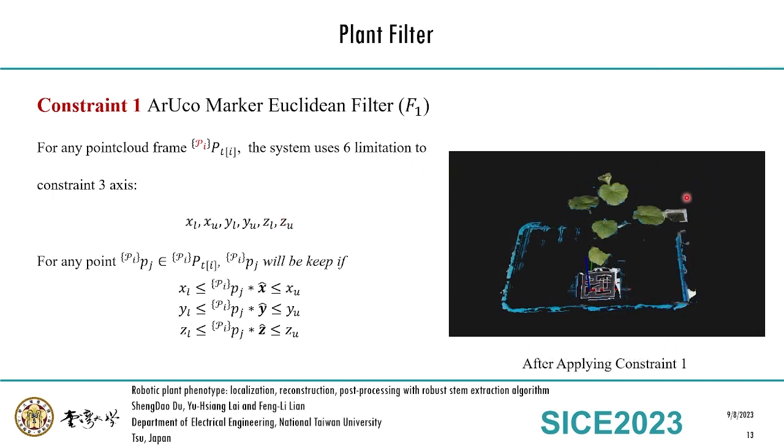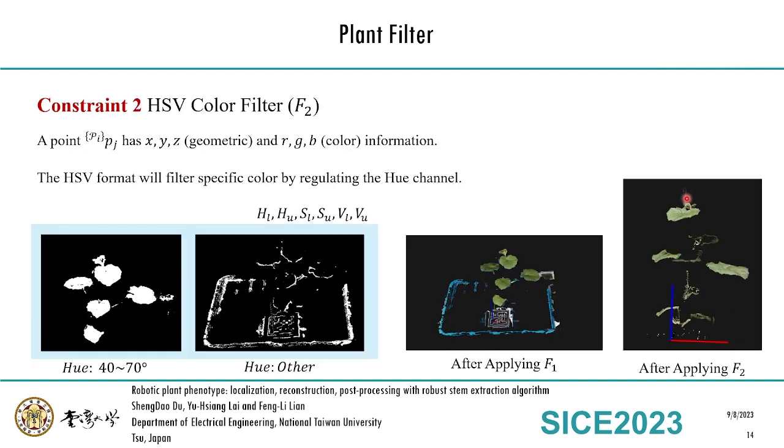This is the result. And to distinguish the plant tissue from the complex background, we're using a color format, HSV, to fit specific hues. In this case, we set the hue from 40 to 70 degrees. Any irrelevant parts will be removed.